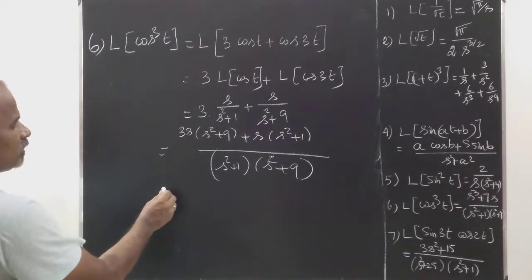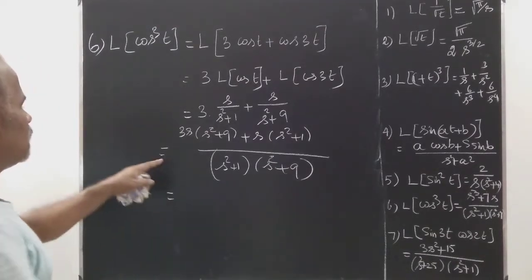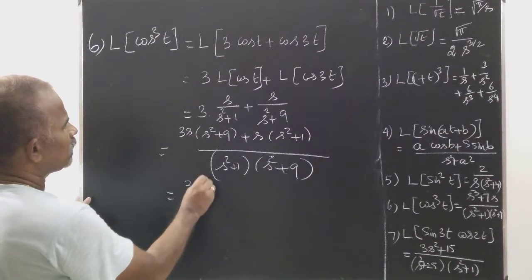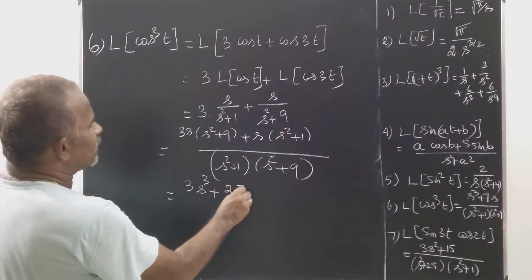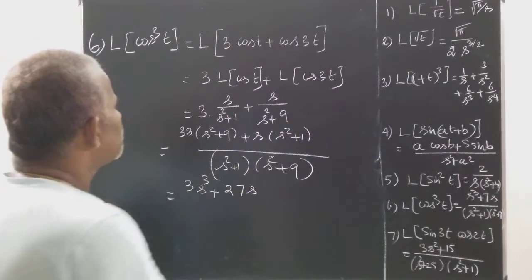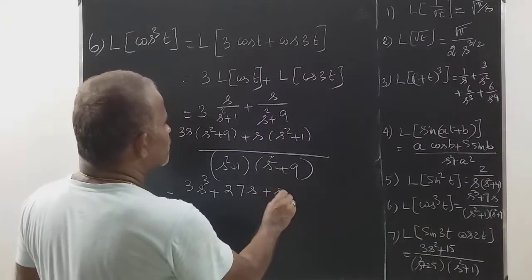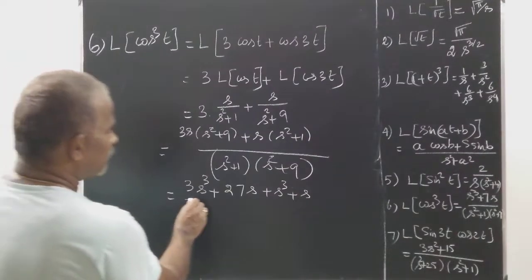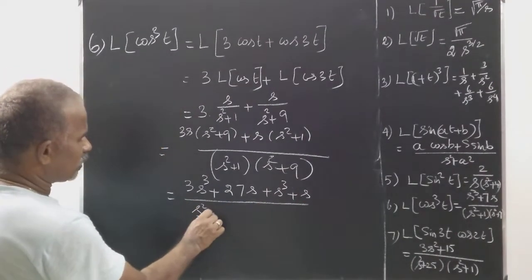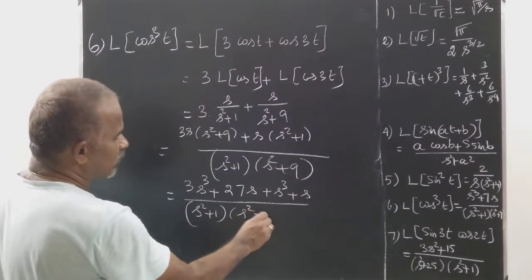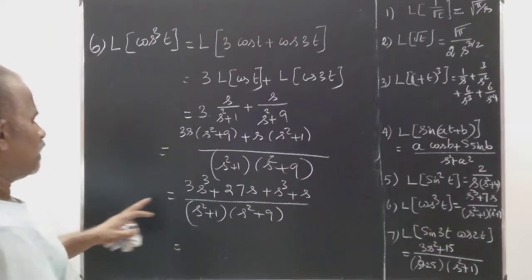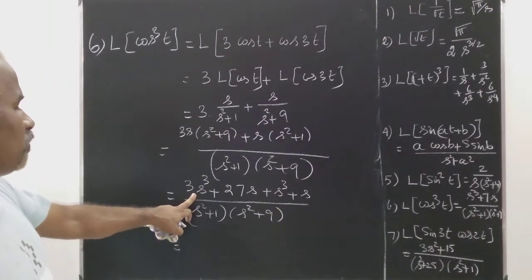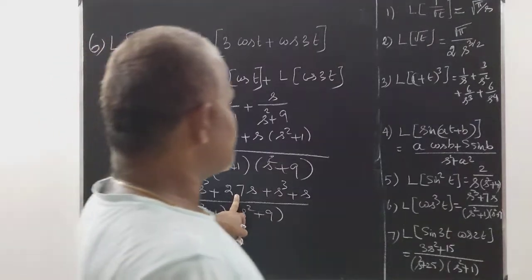So therefore this is equal to 3s cube plus 27s plus s cube plus s, divided by s square plus 1 into s square plus 9. So therefore 4s cube plus 27s.